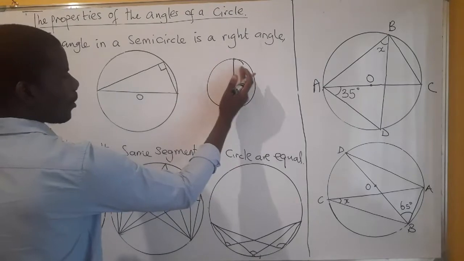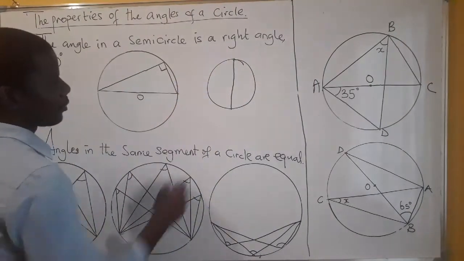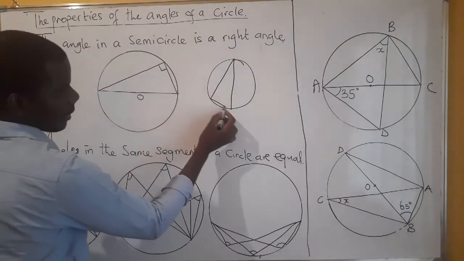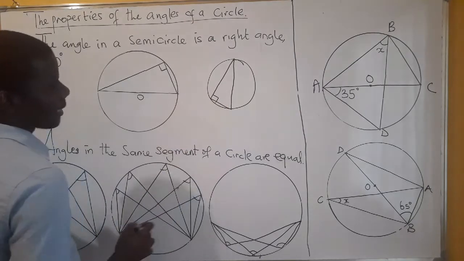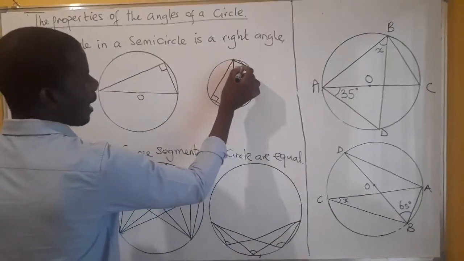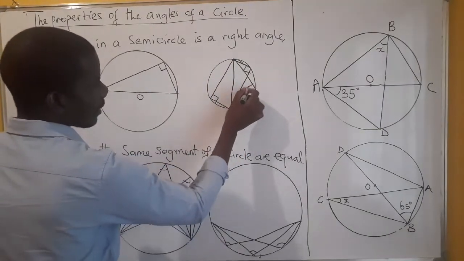So any angle that is formed here is what we are calling a right angle. If we have an angle from this point, then this angle is a right angle. Also, it could be this side, and this is a right angle. It can be here, this is a right angle.